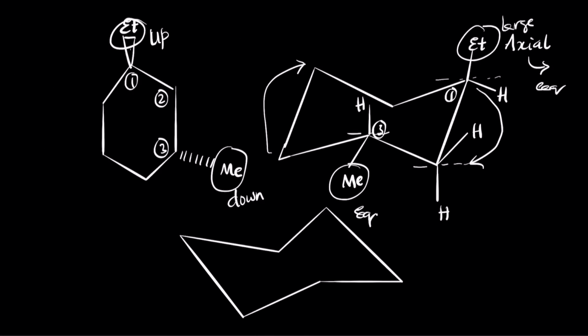So now in this structure, notice that ethyl was in the axial position, so in this structure it should be equatorial. Equatorial, bottom, top, bottom. We are only concerned with 3 carbons, so I am not going to write every single one of them.